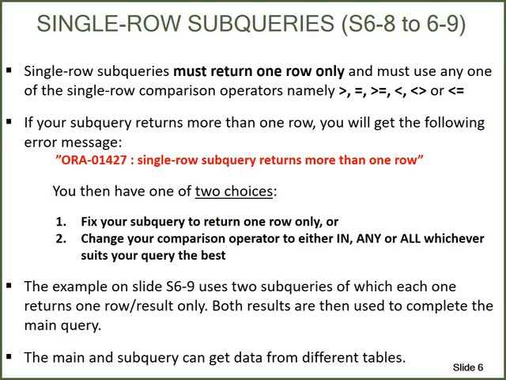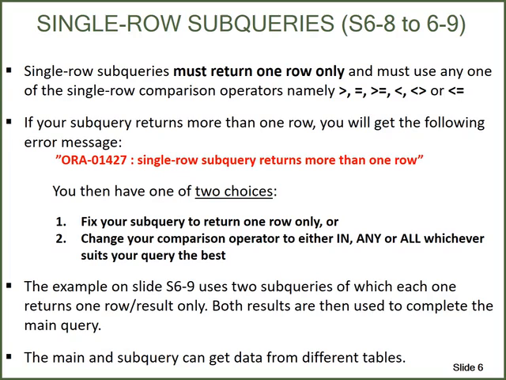As soon as you get this error message, single row subquery returns more than one row, because you've written a single row subquery with greater or equal, etc., you have got one of two choices. Fix your subquery to return one row only, or change the comparison operator to either in, any, or all, whichever suits your query the best.